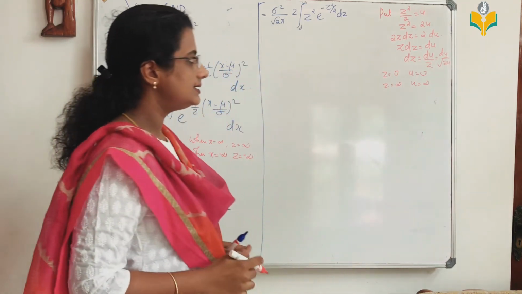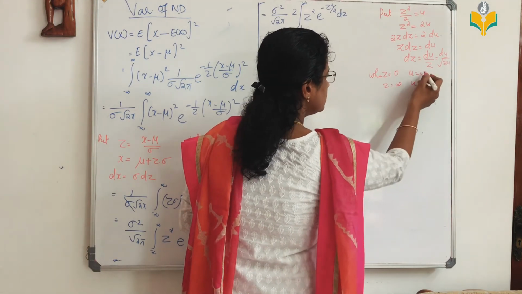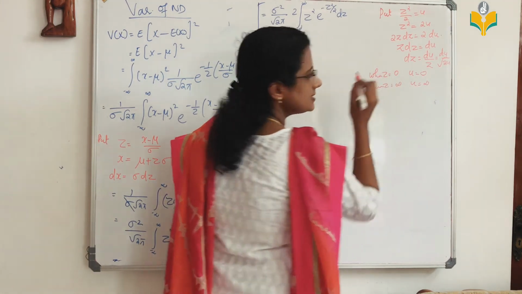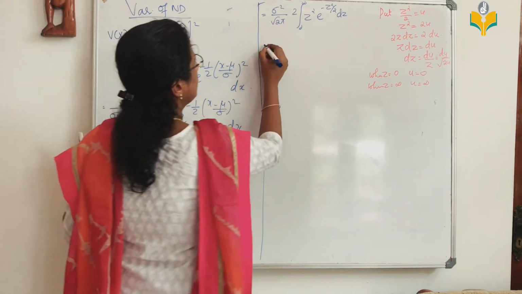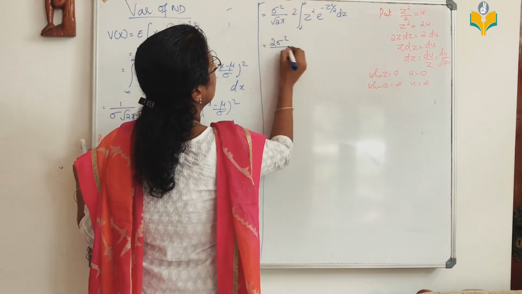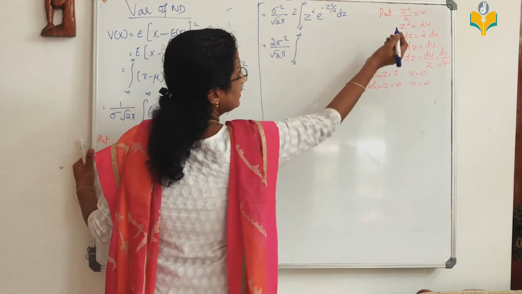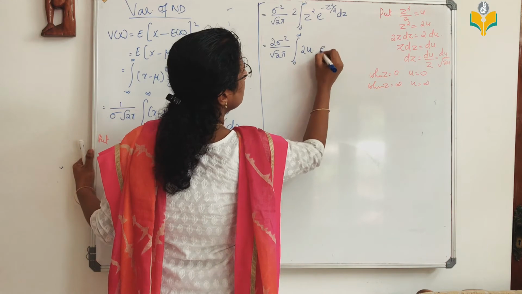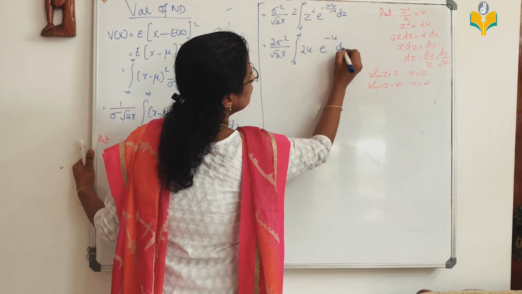So here z ranges from 0 to infinity, then u also ranges from 0 to infinity. Clear? So we can write this as 2 sigma square divided by root 2 pi into integral 0 to infinity. z square can be written as 2u into e raised to minus u. dz can be written as du by root 2.